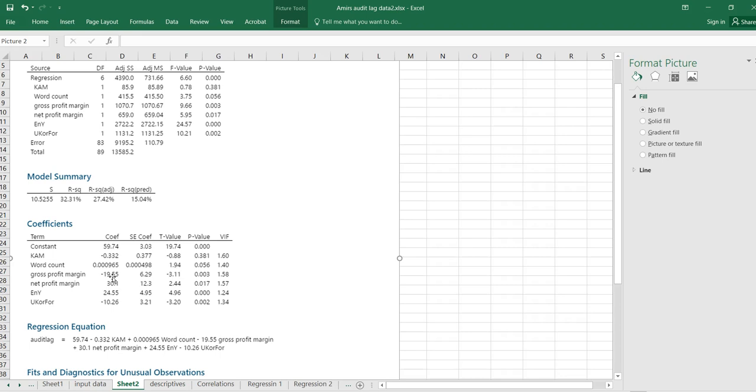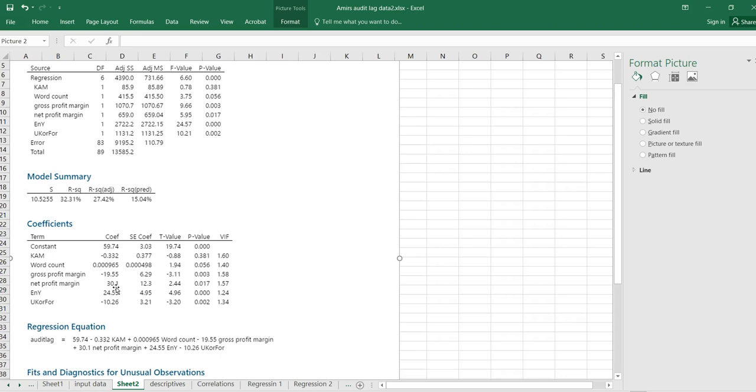They're not as worried, if you like. But if it's made a loss, it's a low gross profit margin, then the audit lag is higher. So you've got to get used to these inverse relationships. The higher the gross margin, it's a negative one, so it has a negative effect on the audit lag. So the higher the margin, the shorter the audit lag.